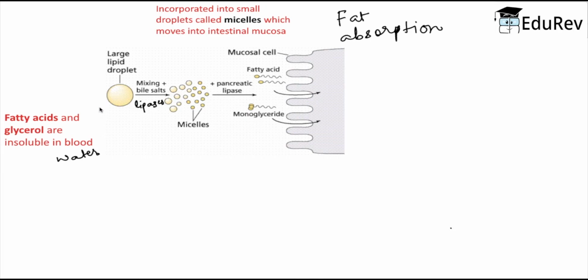This is the fat globule, and it first gets mixed with the bile salts and lipases and gets converted into small micelles, as you can see here. Now these micelles can easily get absorbed inside the intestinal wall. So this is the intestinal wall in which these small micelles are getting absorbed.